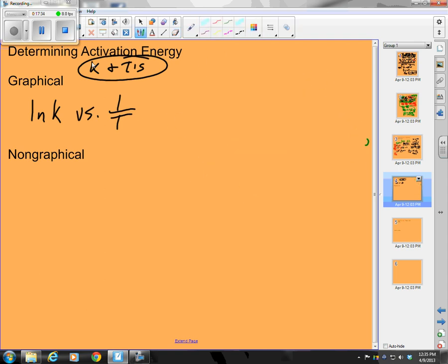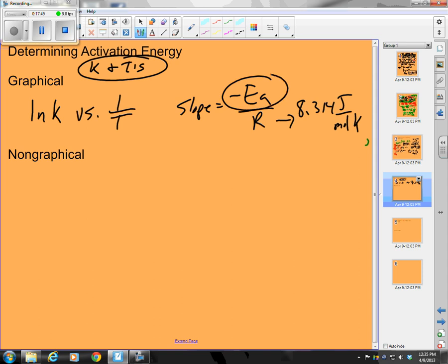When you do that, the slope of this line is going to be equal to negative EA over R, where R is 8.314 joules per mole Kelvin. And so from the negative slope, we can get the EA. That is the graphical method. They'll give you Ks and temperatures, a bunch of these, and you have to graph that and then you can get the slope.